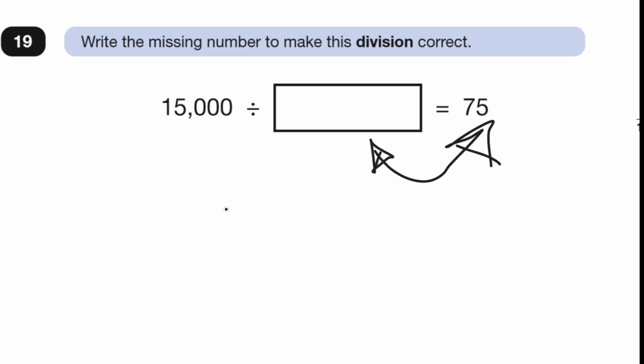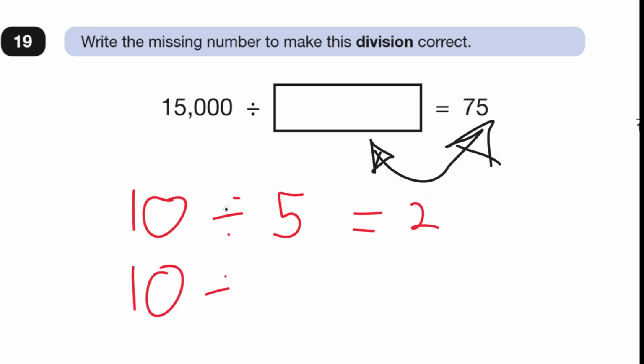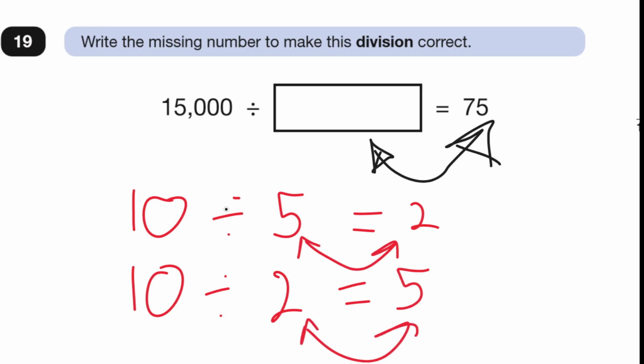Okay, if I show you with a really simple example, if I had 10 divided by 5 is 2, and 10 divided by 2 is 5. Yeah, these two numbers can swap in a division. So it's testing your understanding of that.